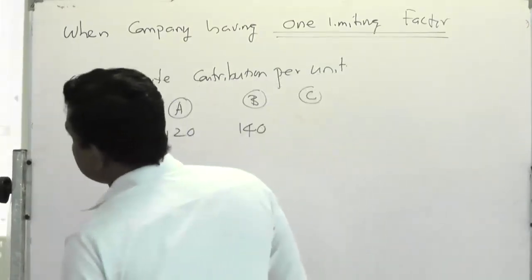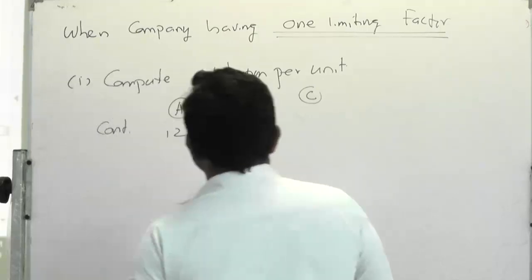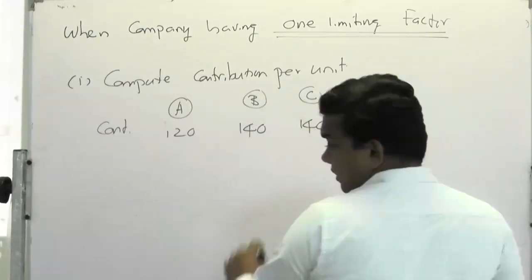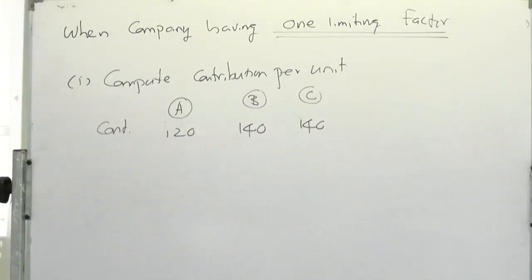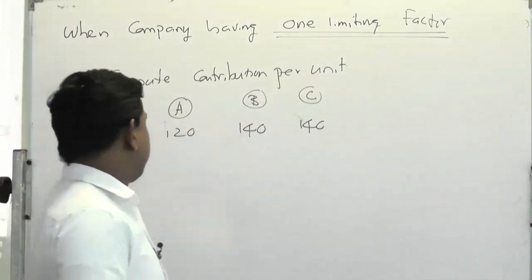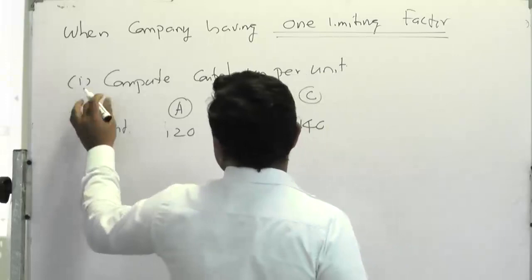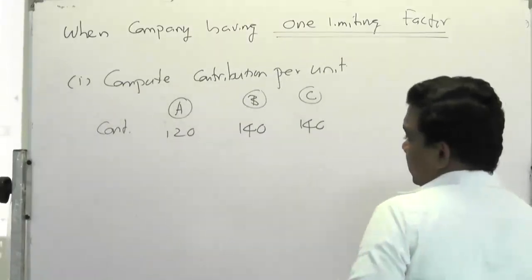If you take product C, contribution will be 140. Am I correct? 180 minus 60, 120. Then 220 minus 80, 140, then 210 minus 70, 140. First step, compute contribution per unit.